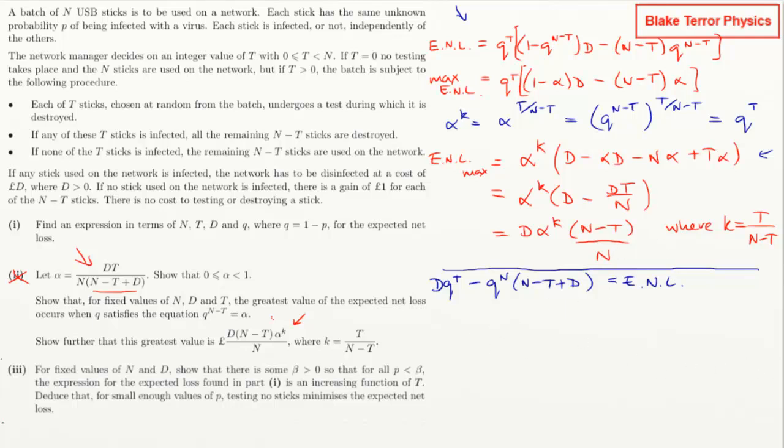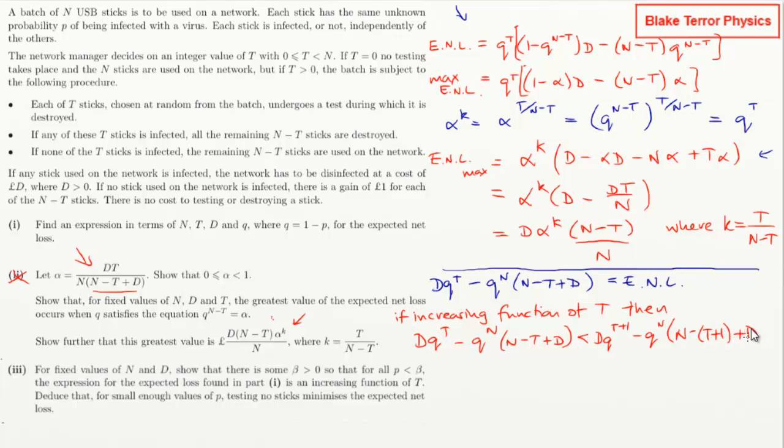Now if I do this twice for t and t plus 1, then I need to show, let's make an assumption here, that it's an increasing function of t. I'm going to make that statement and then show that it is the case. So dq to the t minus q to the n minus t plus d needs to be less than putting a t plus 1 in there: dq to the t plus 1 minus q to the n minus t plus 1 plus d.